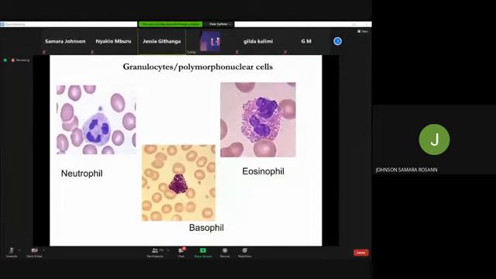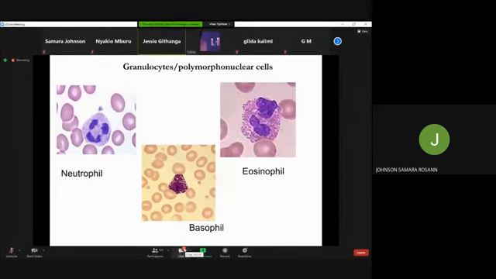And you can see the basophil, called a basophil because the granules are basophilic. They're deep purple black, described as purple blackish granules. They're very coarse, and they cover the whole cell, including the nucleus.